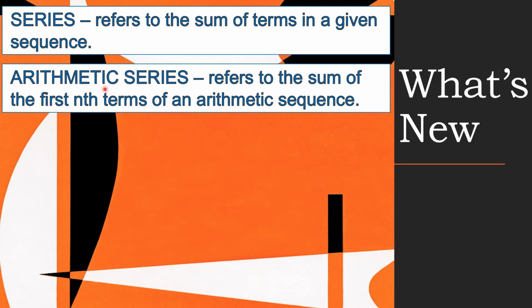Kailangan may common difference. So, it refers to the sum of the first n terms of an arithmetic sequence. So, dapat meron siyang n terms. Naka-finite sequence dapat siya. Finite arithmetic sequence para makuha natin yung sum ng ating arithmetic sequence.